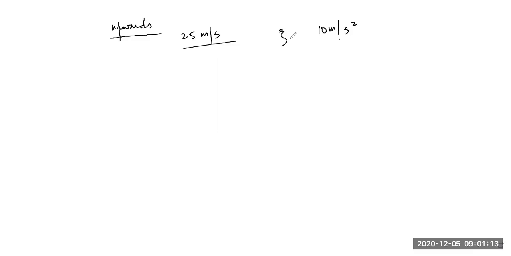But actually we will not take 10, we will take minus 10, because G is acting downwards but our ball is going upwards. G is this. Then calculate the height it achieves. So students, tell me, can you calculate this?